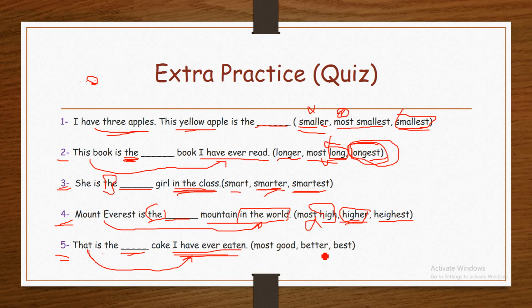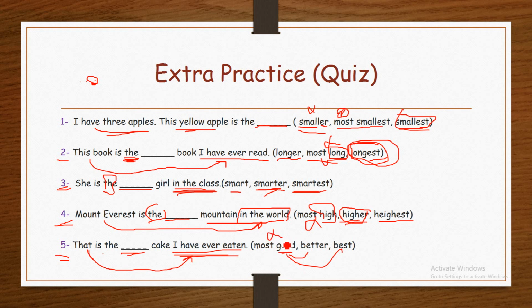Most good, better, best. We have the adjective good. We said good is an irregular form. For the superlative form, good becomes best. For the comparative form, good becomes better. Good, better, best. We can't say most good.